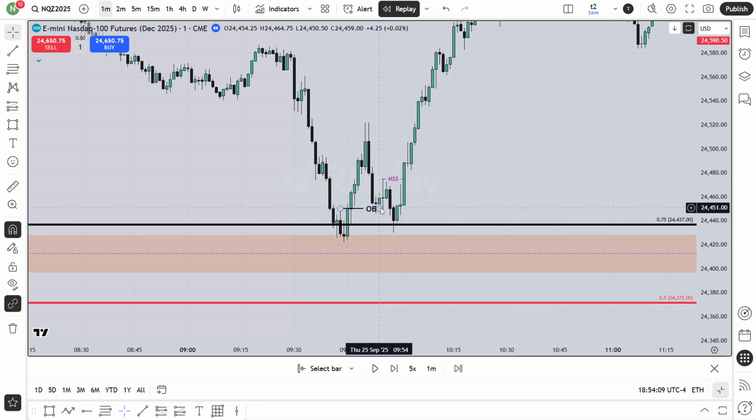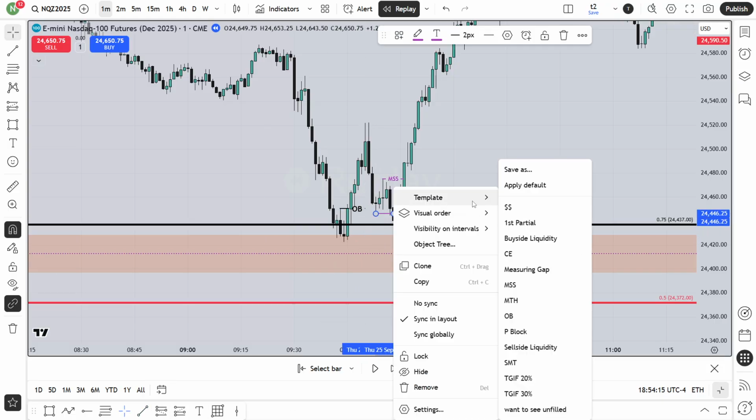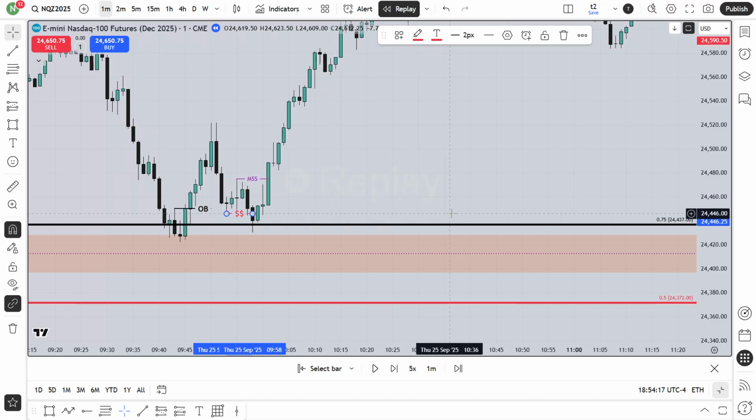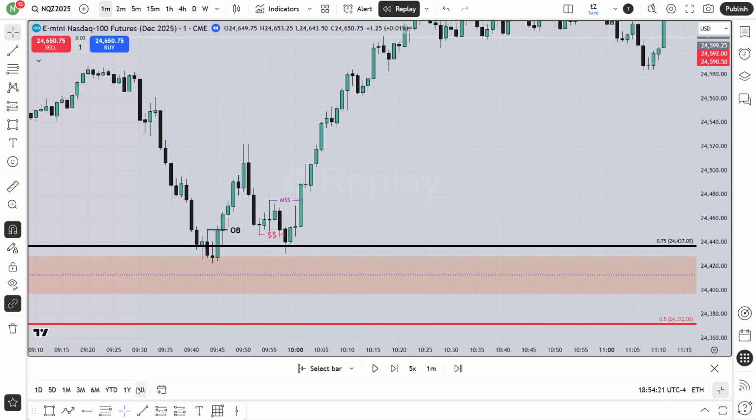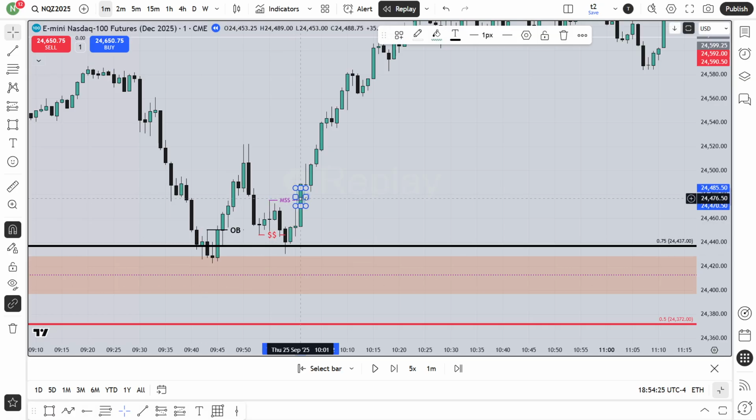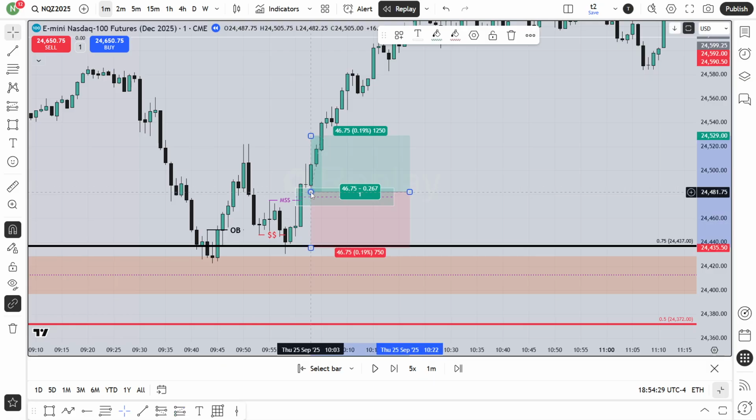The market has cleared the sell side liquidity over here. You can see this swing low has been cleared. We outlined or framed this trade live. It has cleared the liquidity, then a market structure shift. There was a fair value gap over here. You can see there is the fair value gap. So we actually took the entry from that fair value gap, which is here.